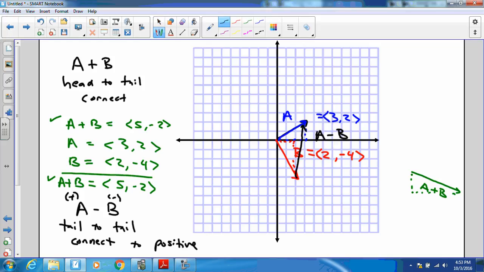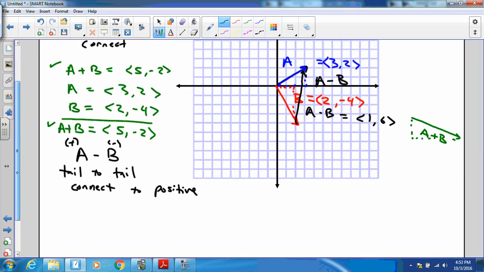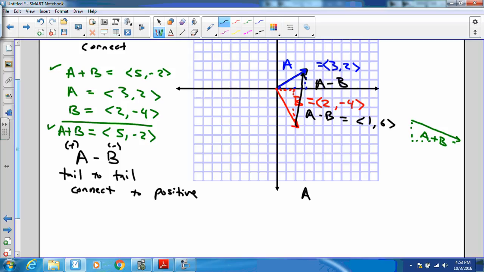If we look at that difference, it appears to be 1 over and 1, 2, 3, 4, 5, 6 up. So it appears from the graph that the vector a minus b is 1, 6. If we subtract algebraically, we get the same result.